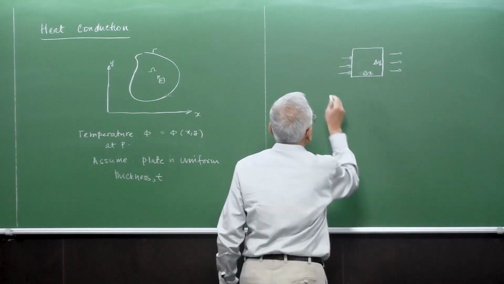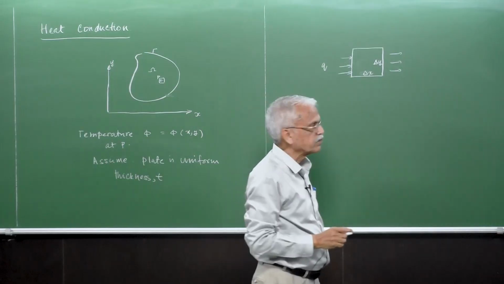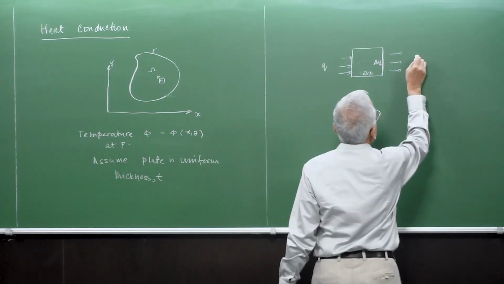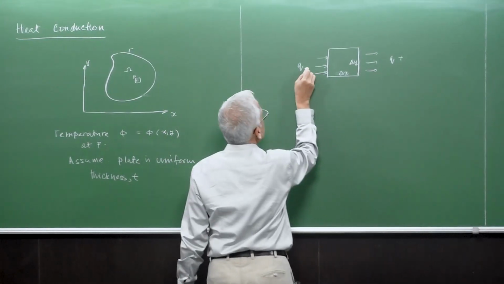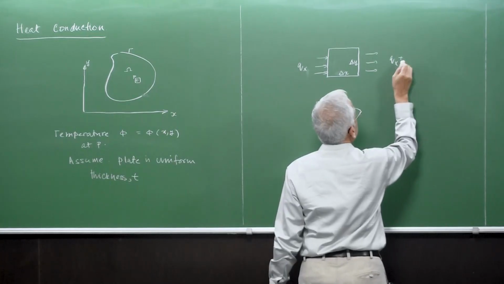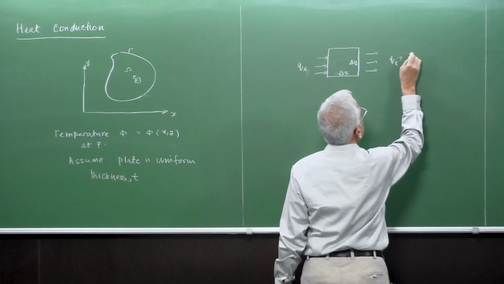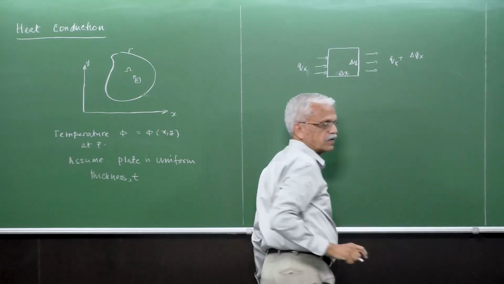The heat flux we represent by Q, with a subscript X, so QX on this side and QX plus delta QX on the other side.